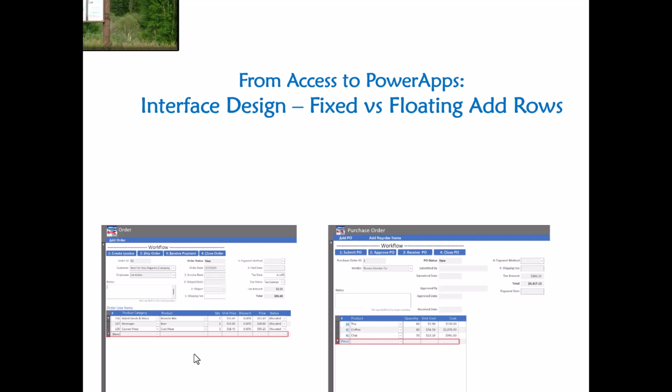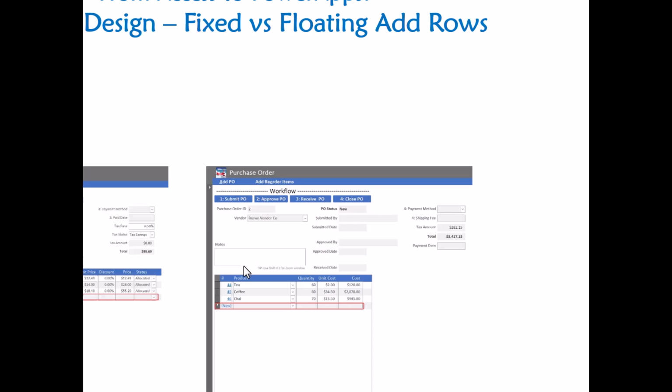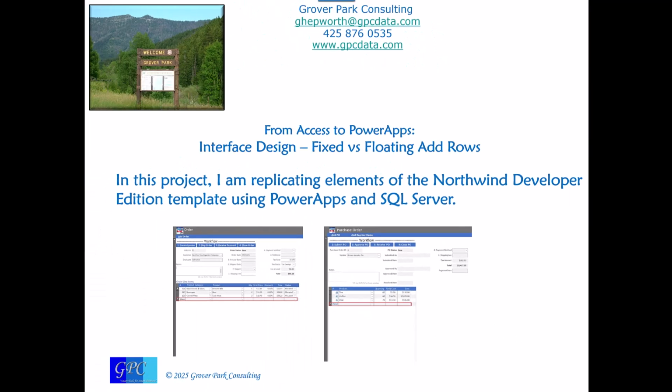Access developers are familiar with subforms in Datasheet view with its built-in floating add new row at the bottom of the list. There's the one for orders, there's the one for purchase orders. PowerApps, however, doesn't have that same native design.